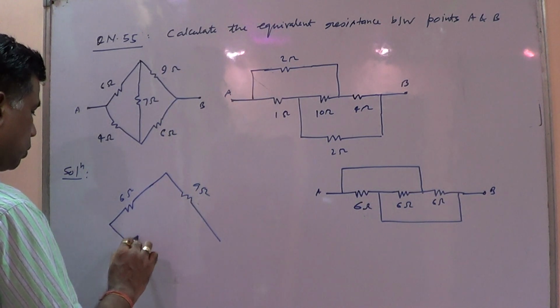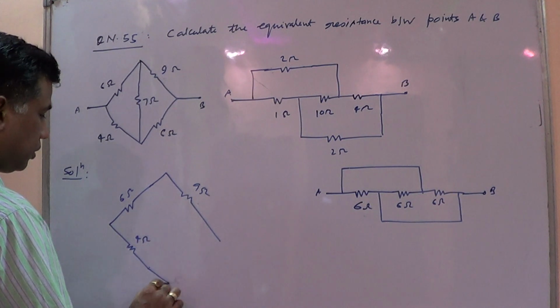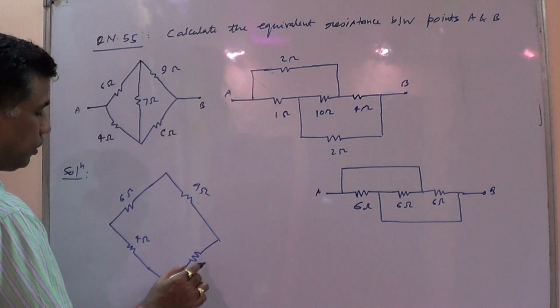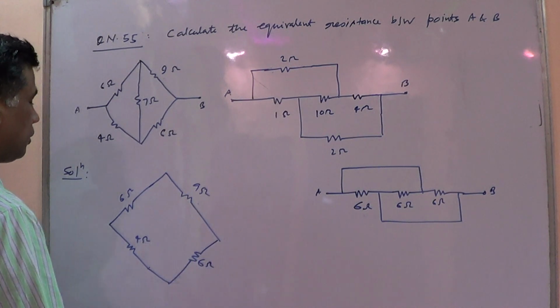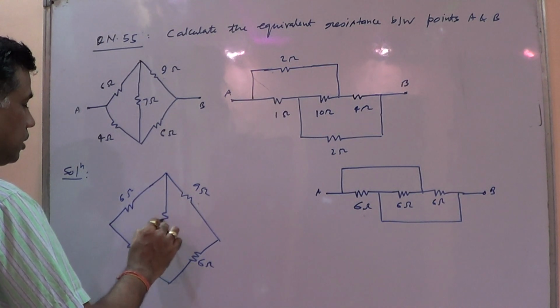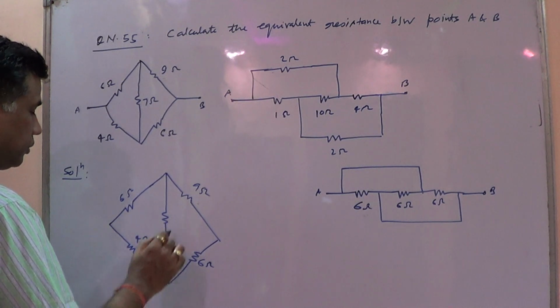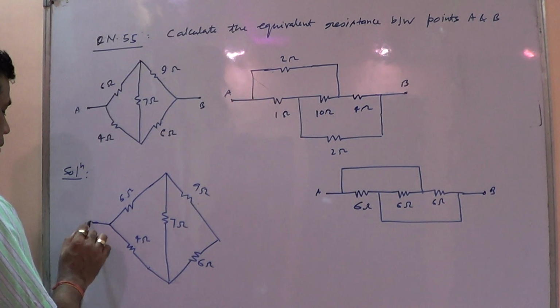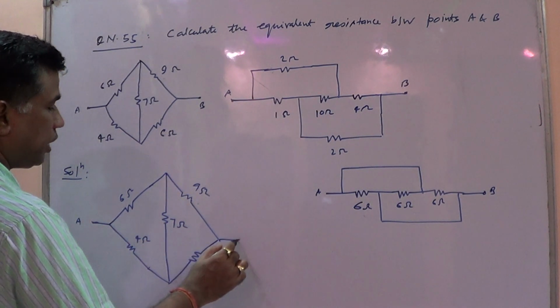This resistance 4 ohm. And the fourth resistance has value 6 ohm. In this diagonal arm, a resistance of 7 ohm is connected. We have to find equivalent resistance between point A and B.